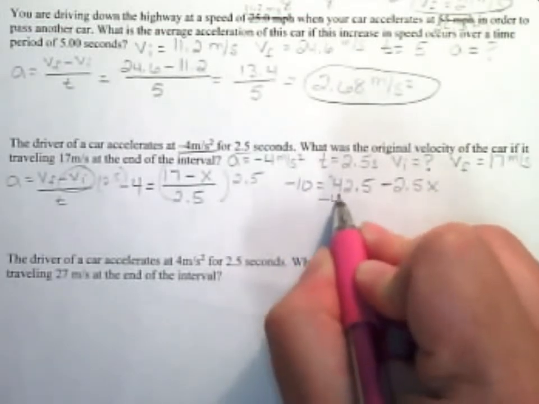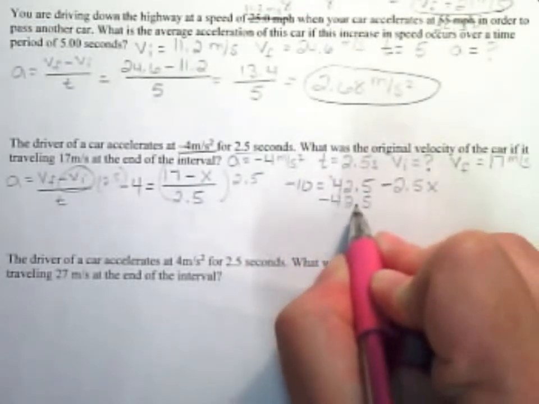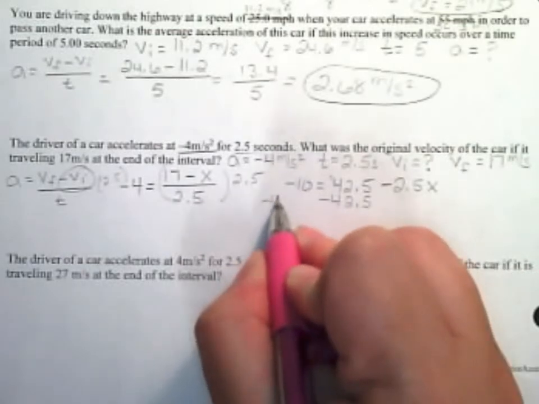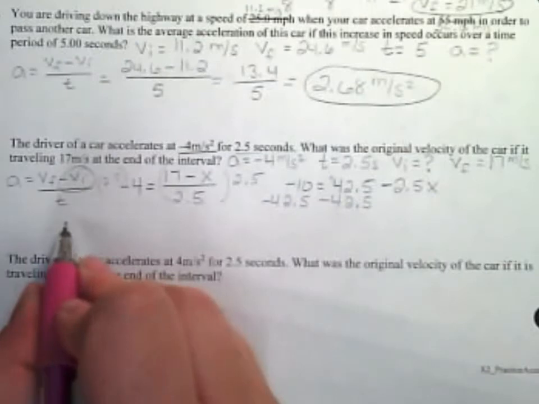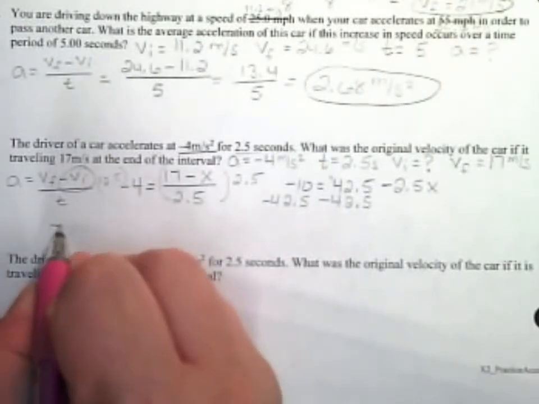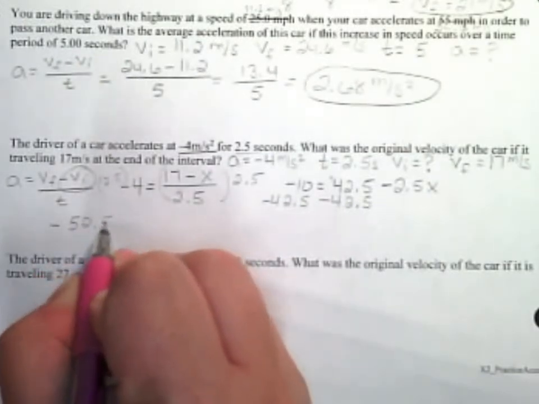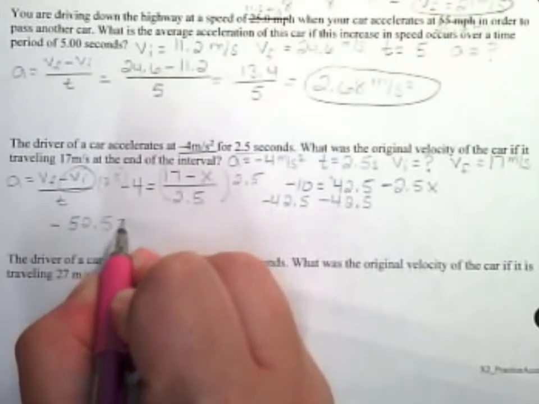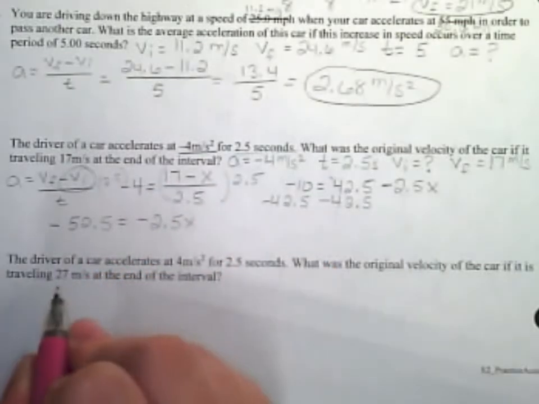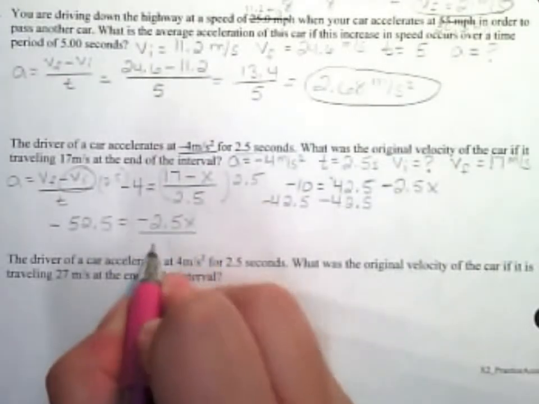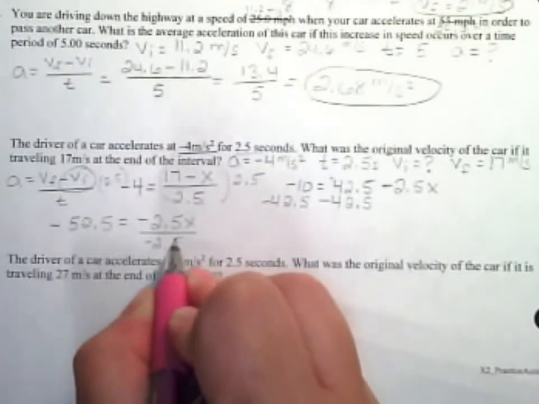We got to subtract 42.5 from both sides. I'm going to come down here so I have more room. All right, so that means -52.5 equals -2.5x. Divide both sides by -2.5.